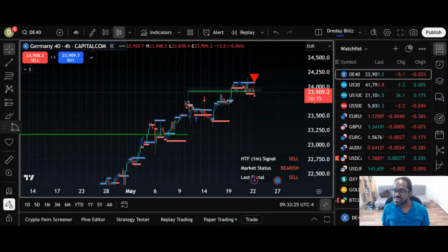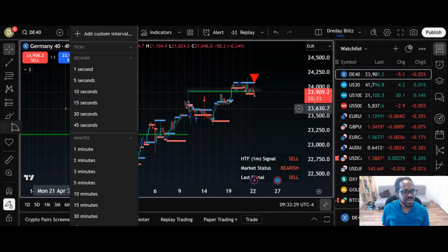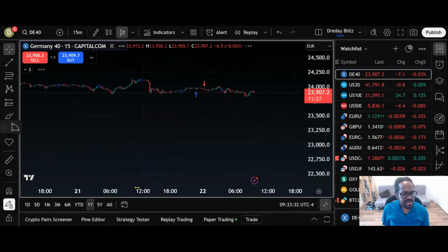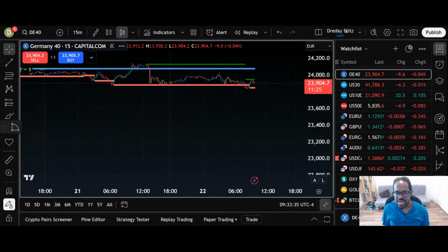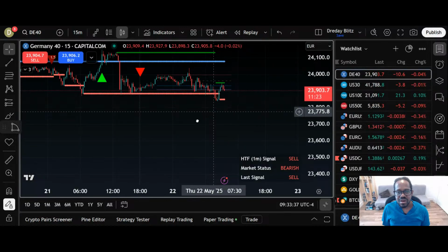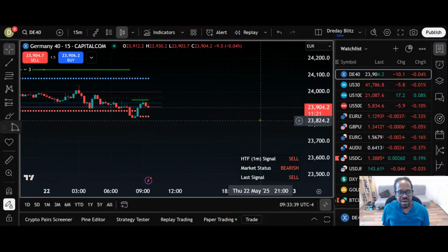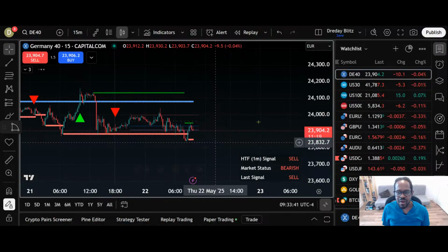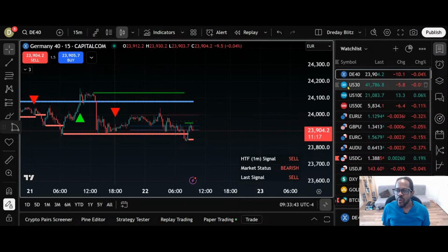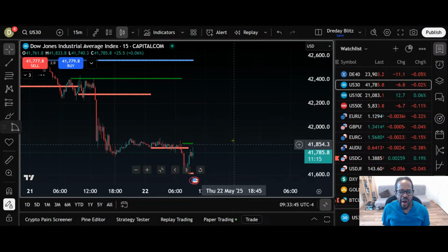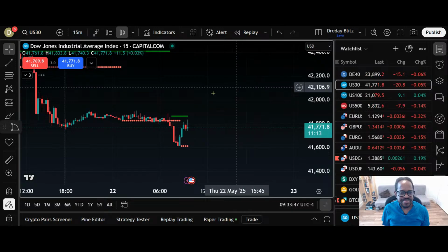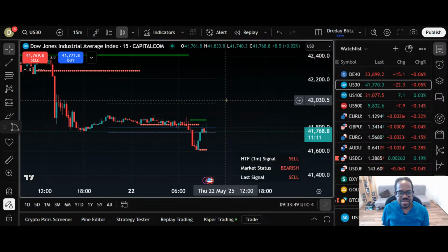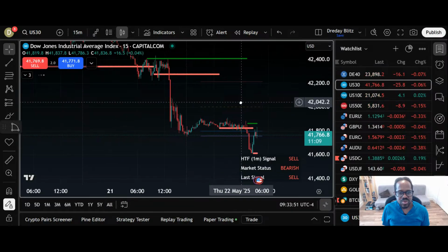All right, so market is open. So let's go down on the 15 and see what's going on. Maybe we're gonna have a pullback to the upside. Yeah, right now it's pulling back.